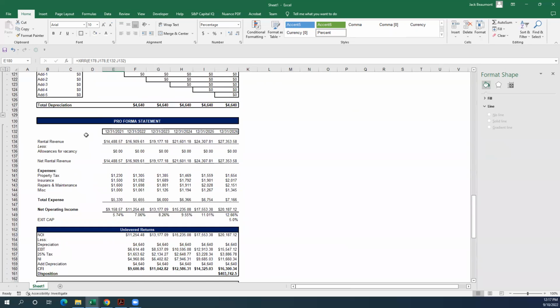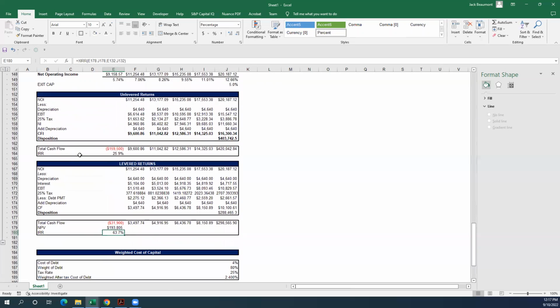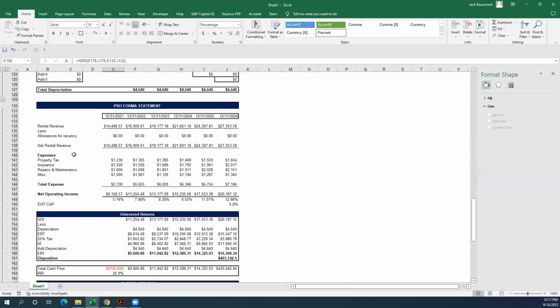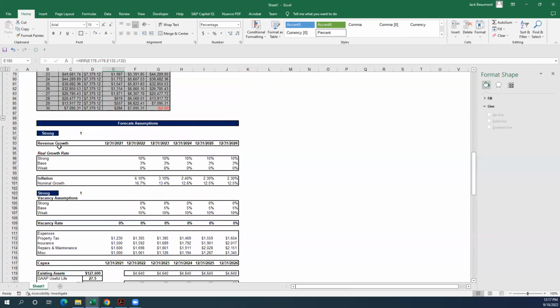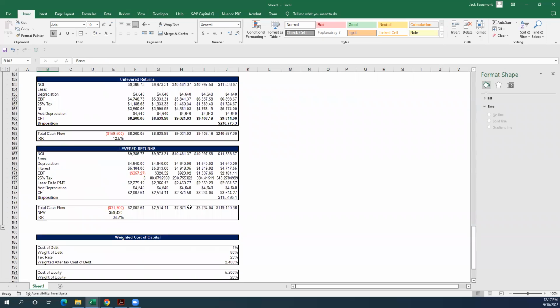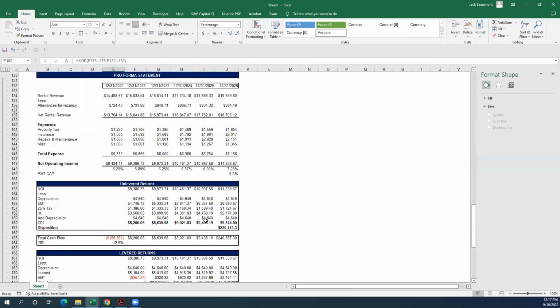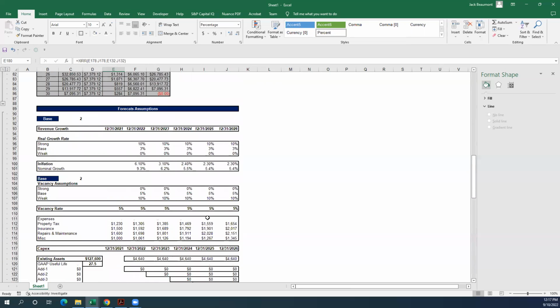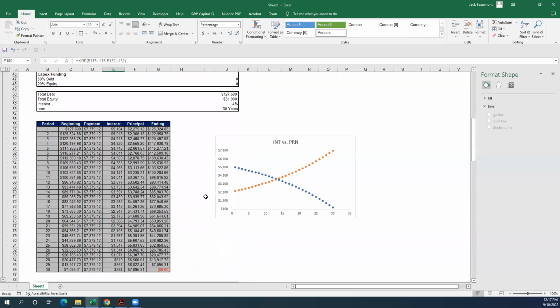Okay, let's put it back to the base model here. Let's go base. We are earning, let's say, a 35% return on equity, whereas the bank is getting 4% from us. That's how much we're paying.